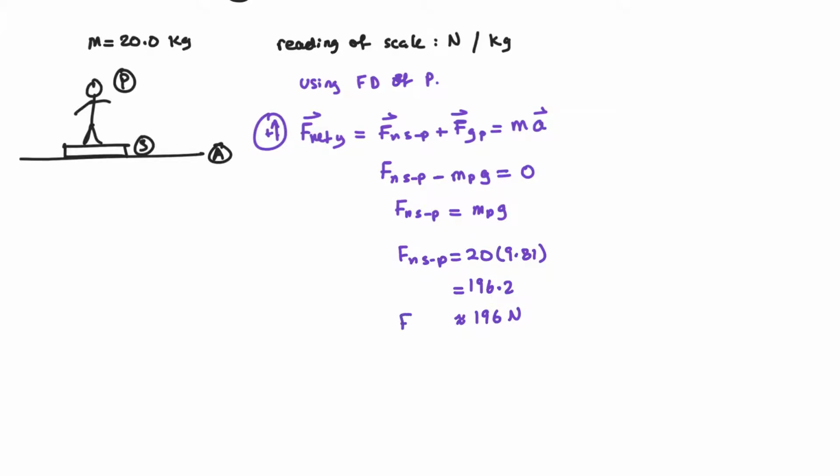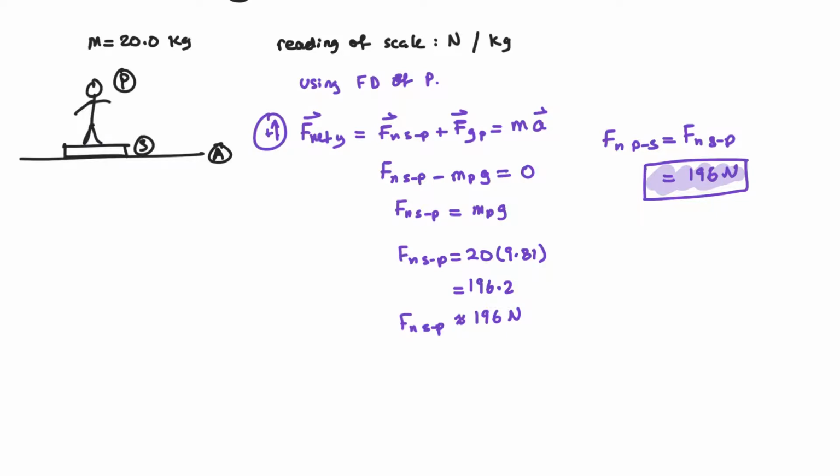So this is the normal force acting from the scale onto the person, and since the scale reads the force normal from the person onto the scale, and since that magnitude is equal to the normal force from scale to person, therefore this is also going to be 196 newtons, and that is my reading in units of Newton.